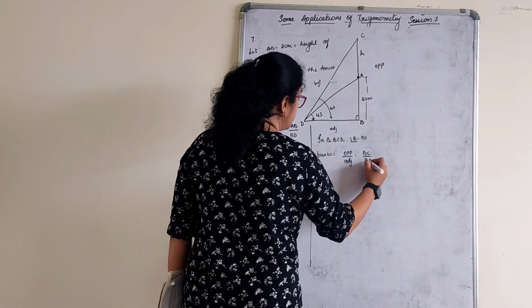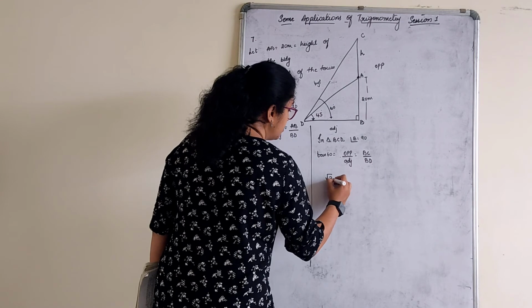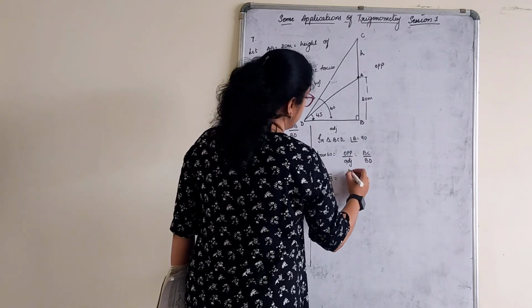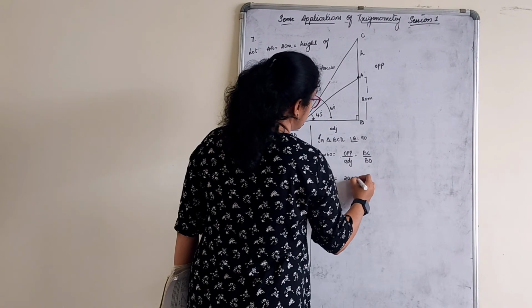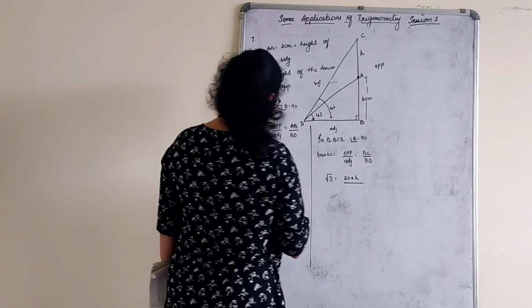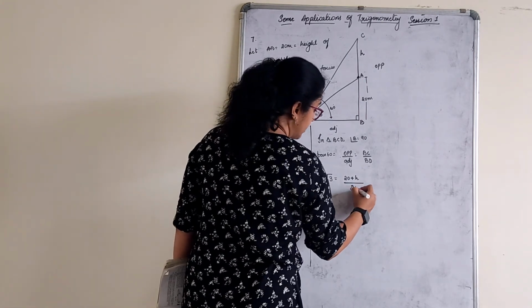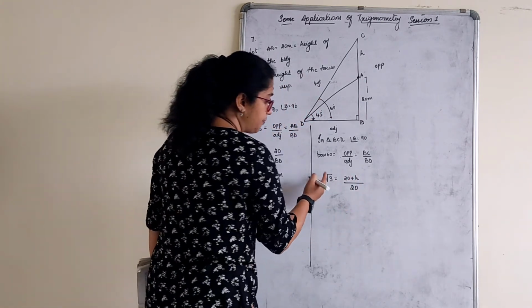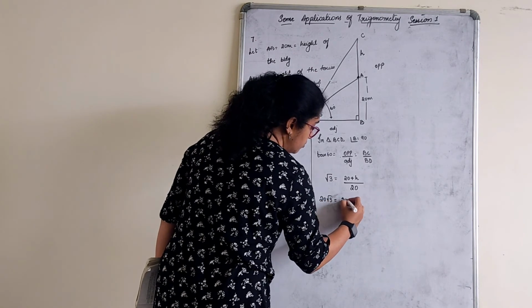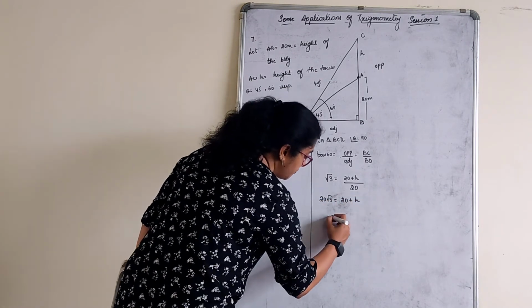BC upon BD. Tan 60 is root 3. BC is written as 20 plus H, divided by BD, already found out, 20. Don't cancel 20 and 20. H is there here. 20 root 3 is equal to 20 plus H.